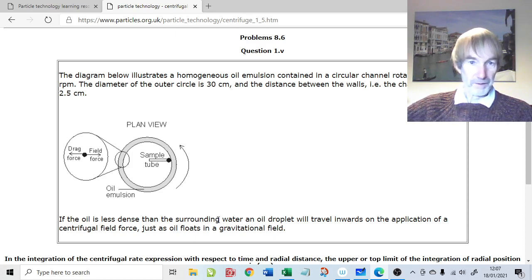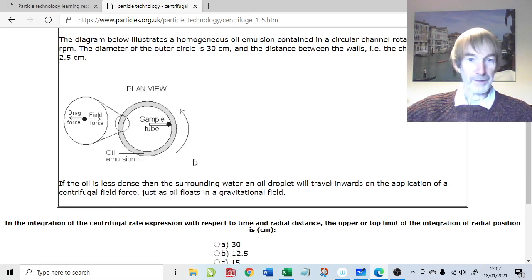If the oil is less dense than the surrounding water, an oil droplet will travel inwards on the application of a centrifugal field force, just as oil floats in a gravitational field. That's good.